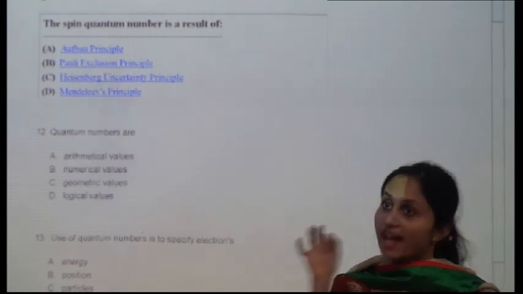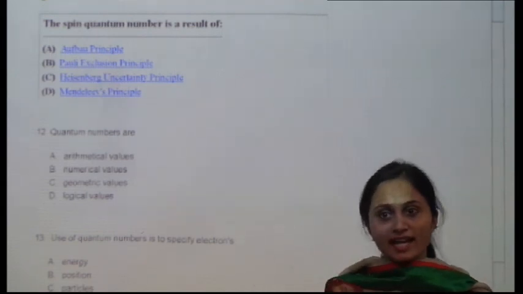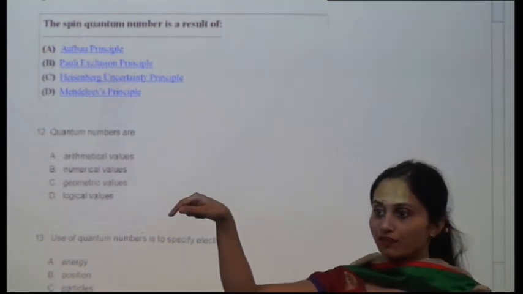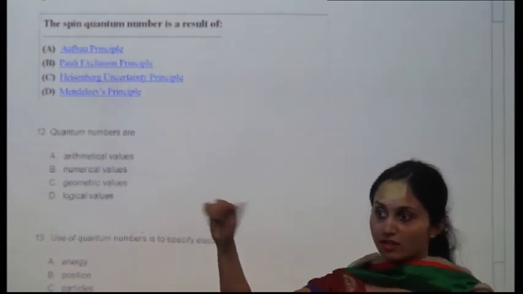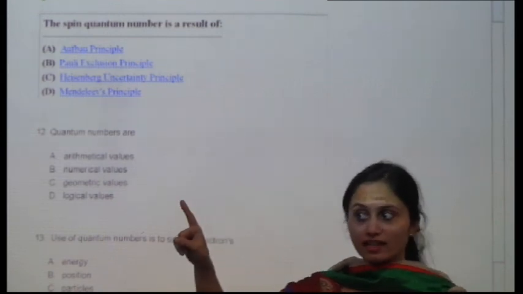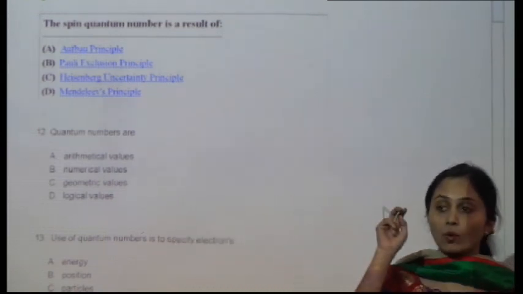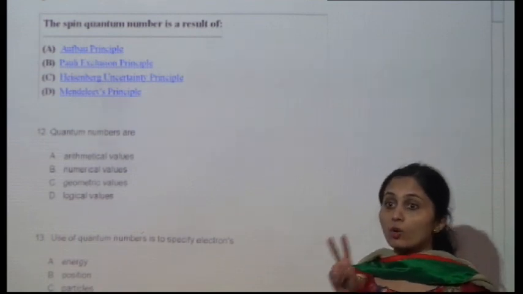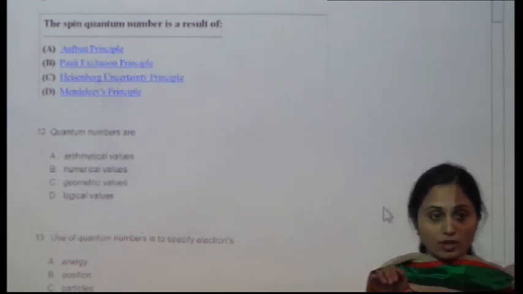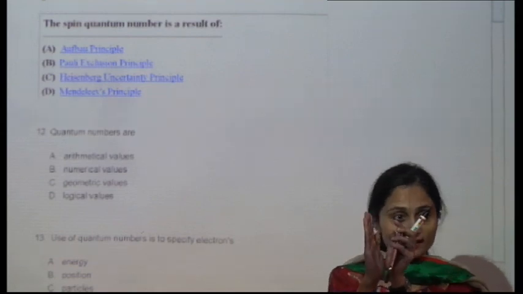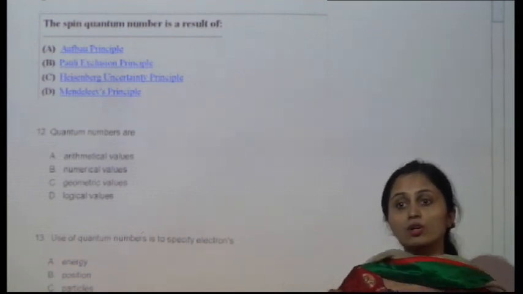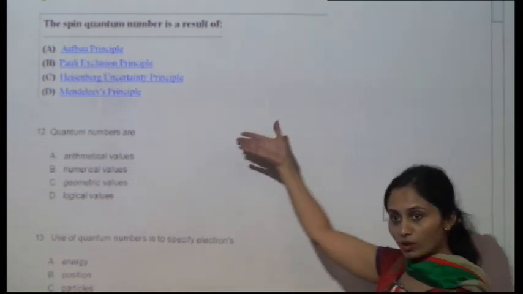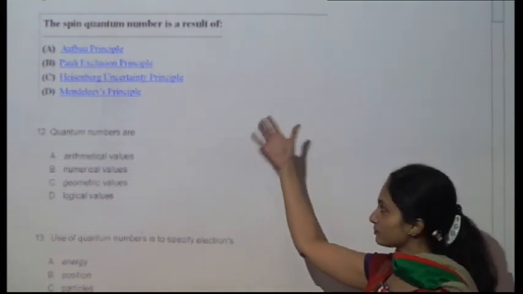For 3px, your n, l and m will have the same values, but the last value which will be different will be for s. So this is somewhat related. Another relation is that only a maximum of two electrons can be accommodated, which is also Pauli's exclusion principle. So if two electrons are like this, they cannot be accommodated. So Pauli's exclusion principle. Do you want me to discuss the others also?